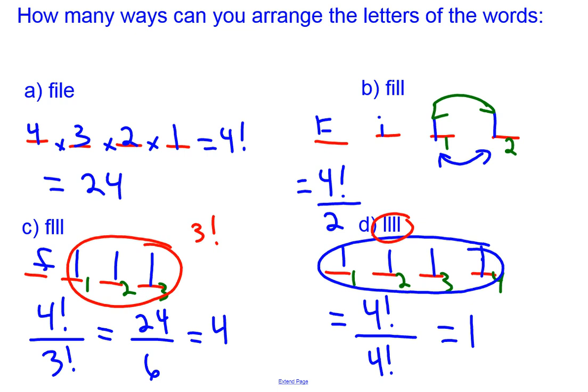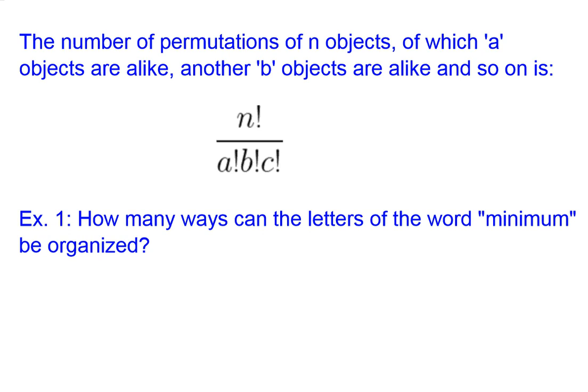So let's look now at how we write this out generally. Generally speaking, the number of permutations of n objects where a are alike, another b are alike, and so on, is n factorial divided by a factorial times b factorial times c factorial, where n is the total number of objects.